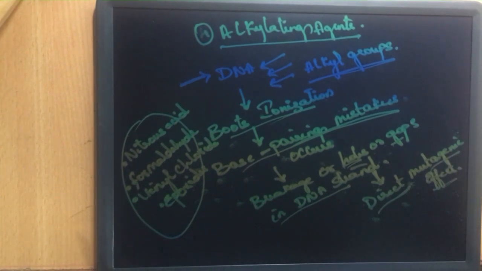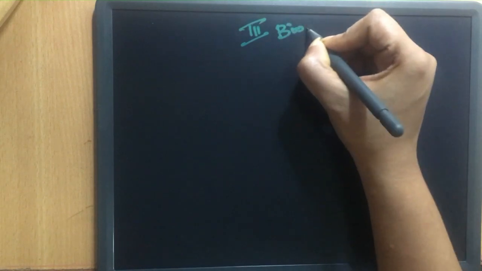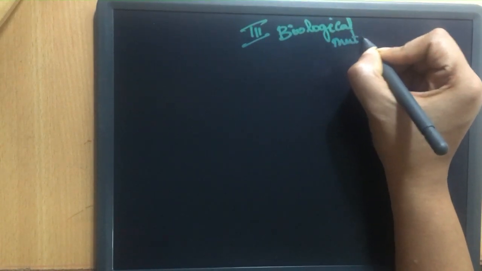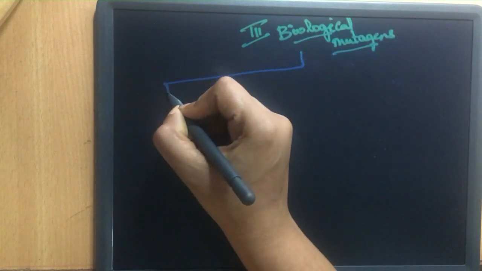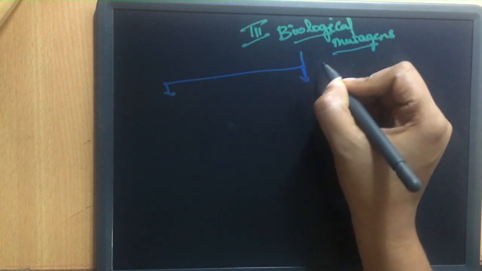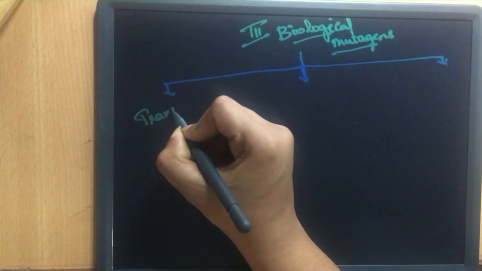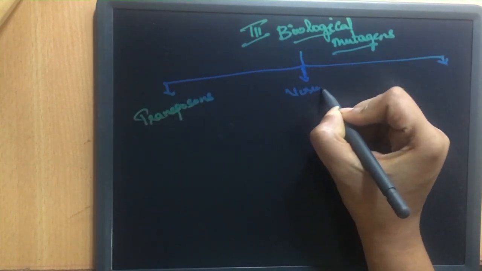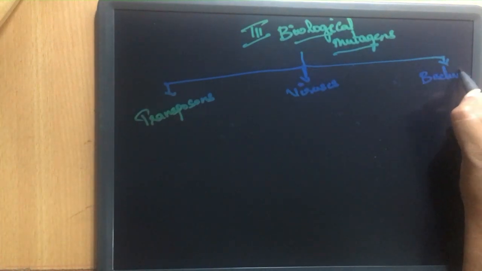Now the final type, that is biological mutagens. They are basically again of three types: transposons, viruses, and bacteria.